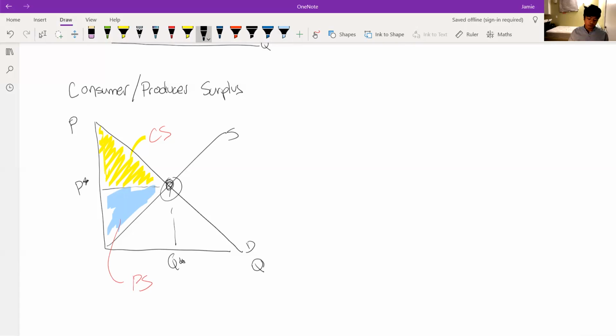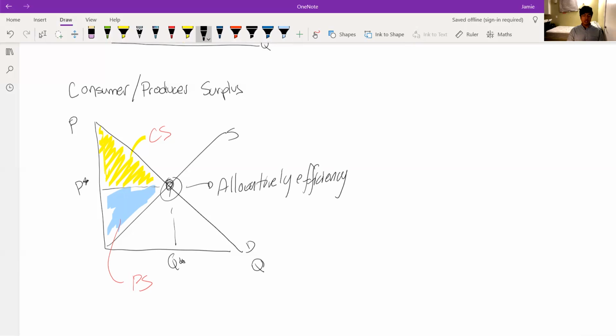Perfectly competitive or perfect markets, efficient markets, will lead to what's called efficiency. And what this means is we are maximizing the surplus in that market.